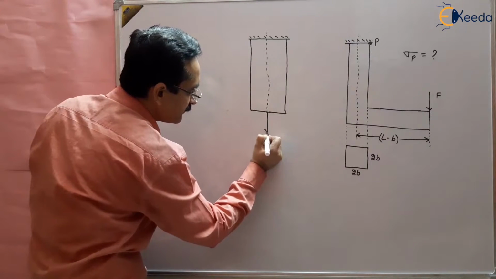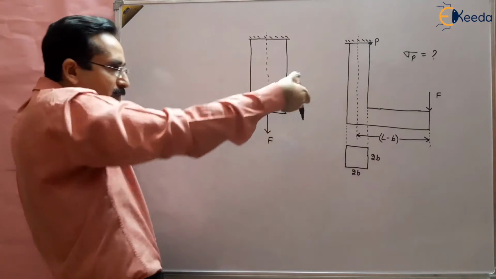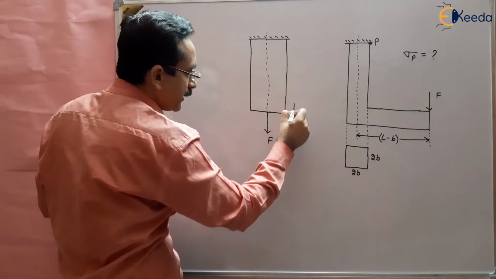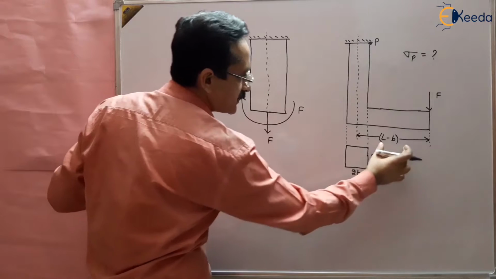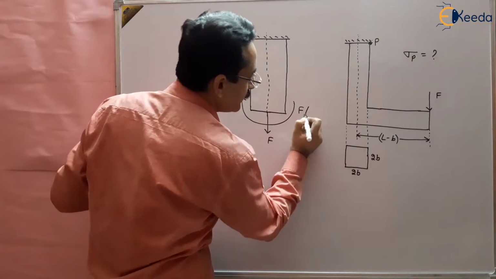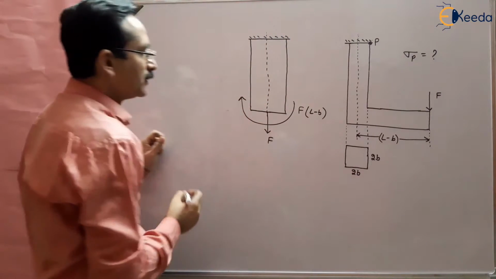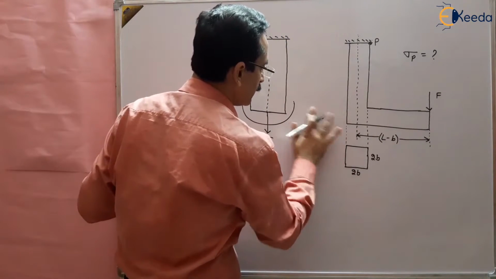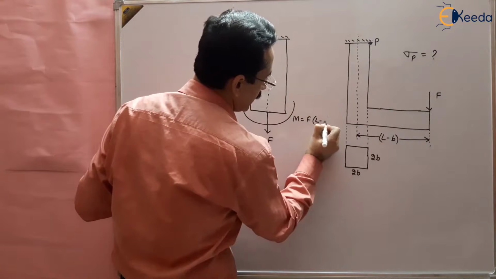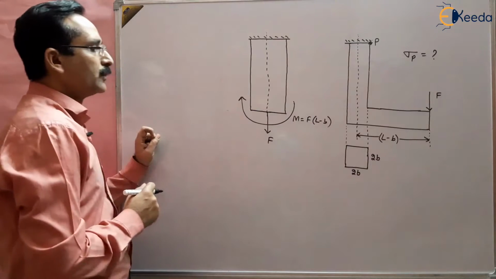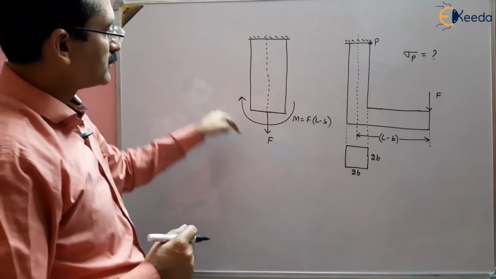One is the direct load, which is this F itself, and another is a clockwise bending moment, that is F multiplied by the distance, and the total distance is L minus B. So this is the bending moment M, that is equal to F multiplied by L minus B, right? So two types of loading are there, direct load plus bending moment.